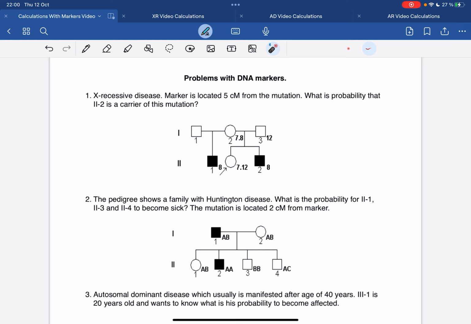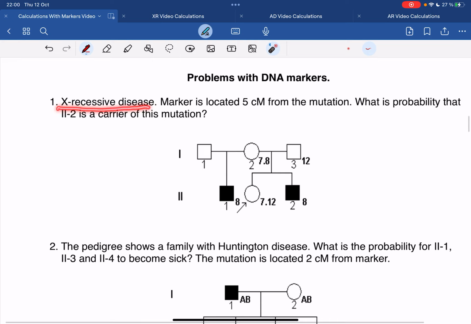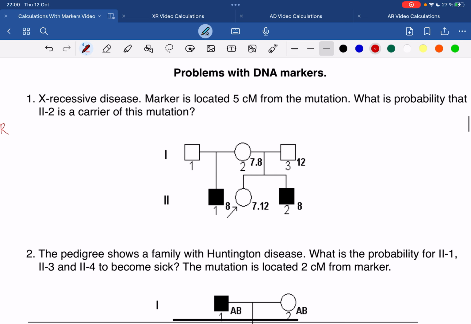All right, the first question. X recessive disease, so we know it's XR, and the subsequent rules that follow the XR pathologies. The marker is located 5 centimorgans from the mutation. What is the probability that 2,2 is a carrier? So let's start with immediately writing down the high versus the low risk.